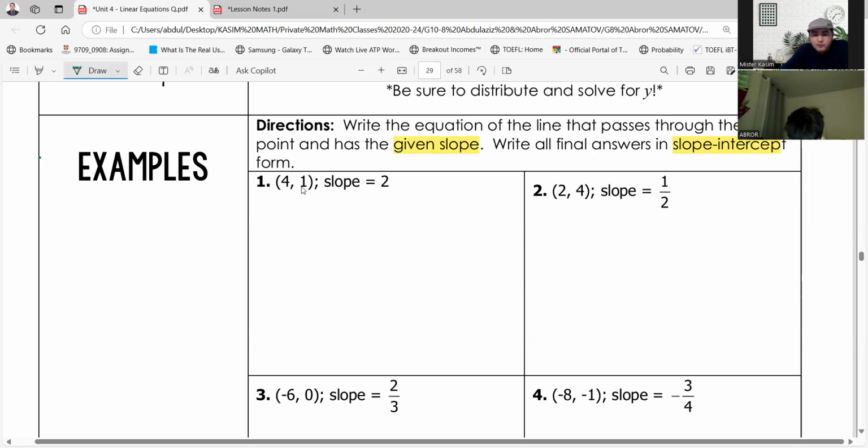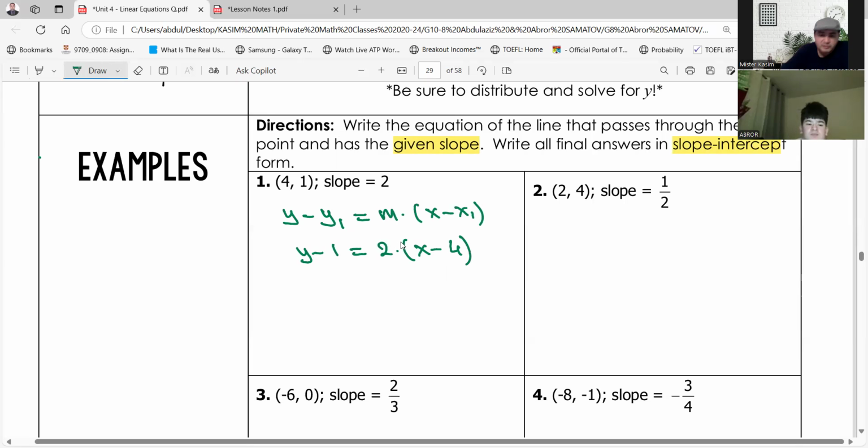Point is given, (4, 1). Slope is given, Abror. Look, first let me write the formula and substitute, okay? The point-slope formula is y minus y1 equals m times x minus x1. So the given point's y coordinate is 1. Slope is 2 and x minus x1, that is 4.